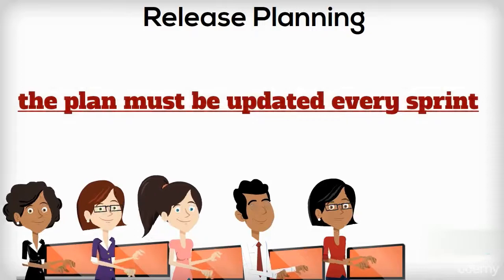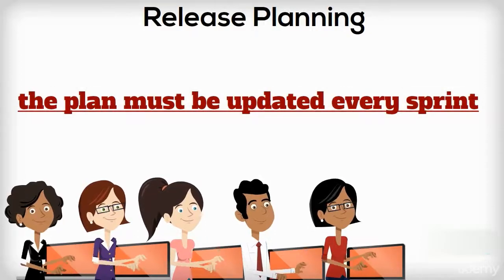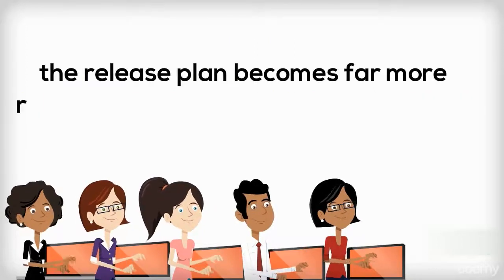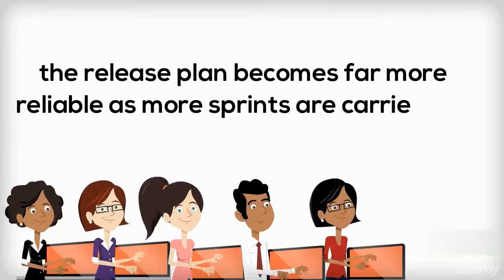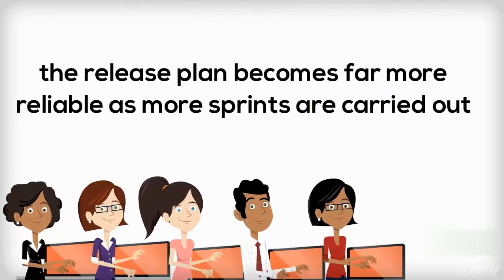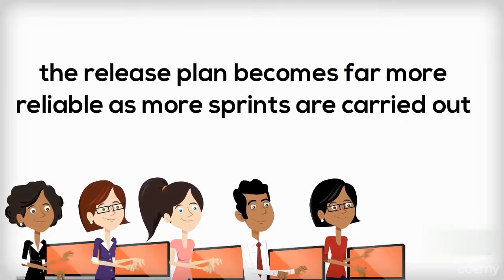Secondly, the plan must be updated every sprint to give the business an up-to-date forecast. In my experience, the release plan becomes far more reliable as more sprints are carried out. In addition, the earlier sprints usually encounter more teething problems than others, which reduces early velocity.